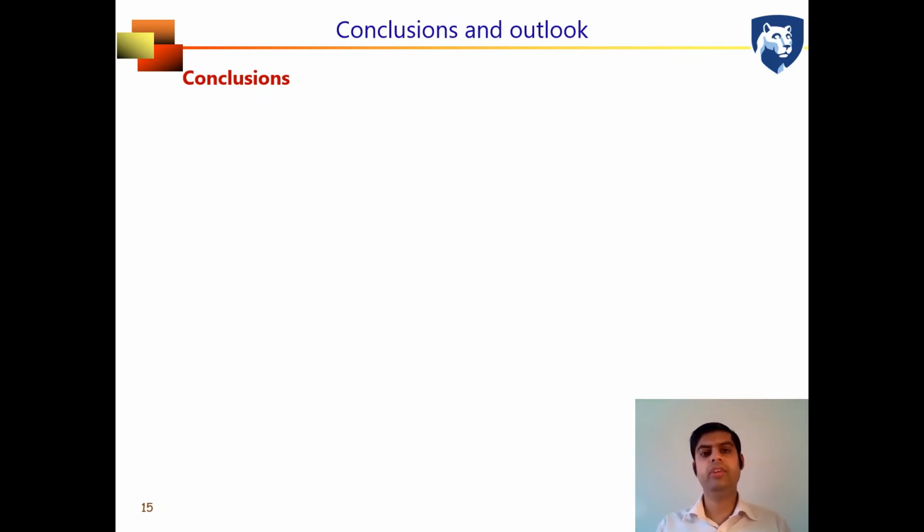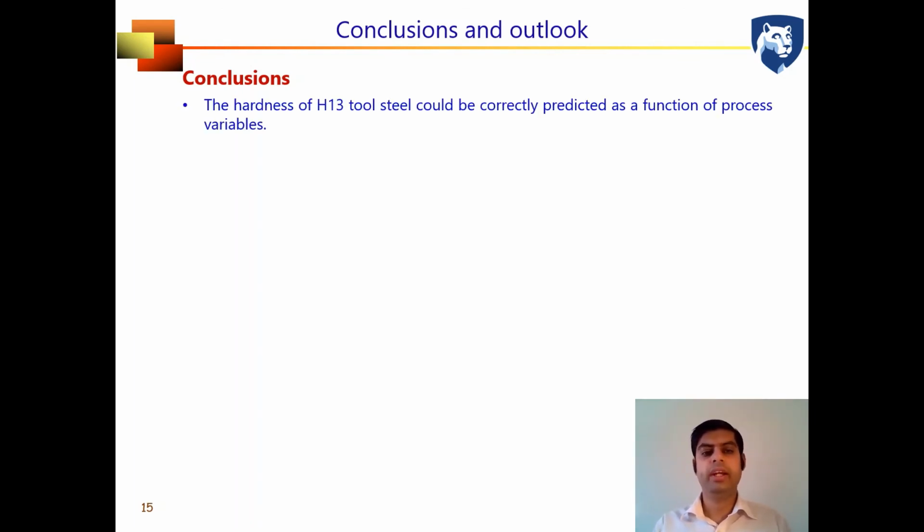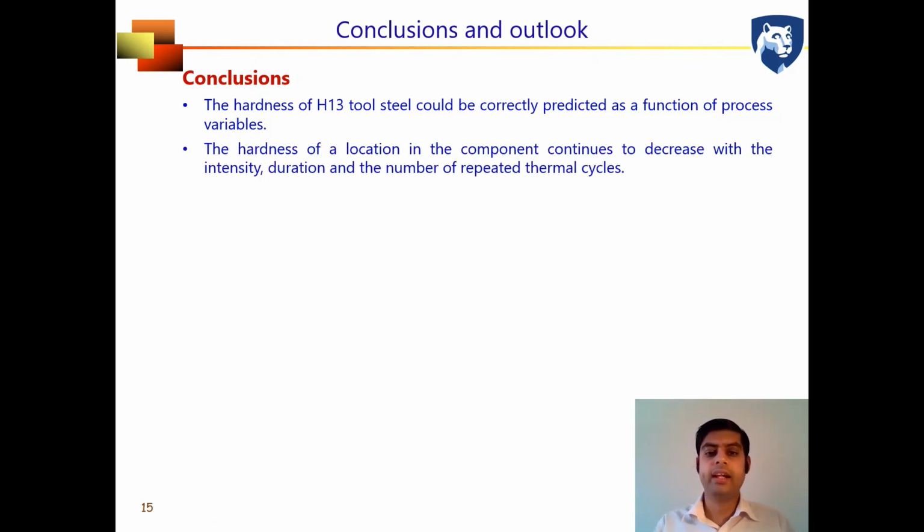To conclude this work, we can see that in this work, hardness of an additively manufactured H13 tool steel component can be correctly predicted as a function of different process variables. And the hardness in a particular location of the component continues to decrease with the intensity, duration, and number of repeated thermal cycles.